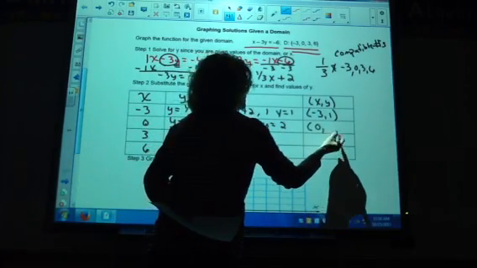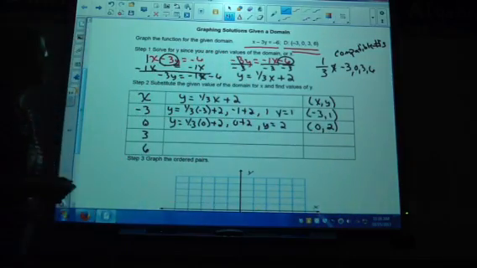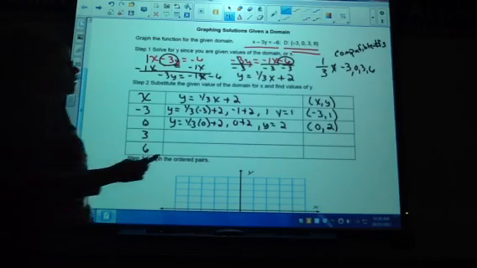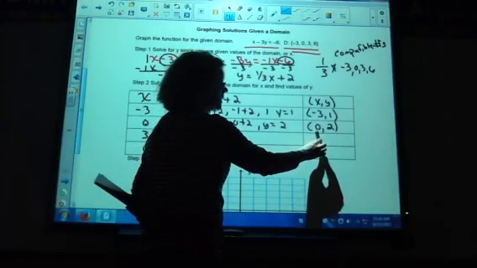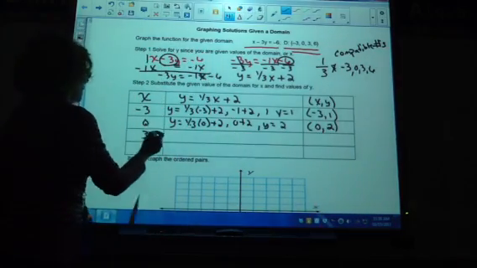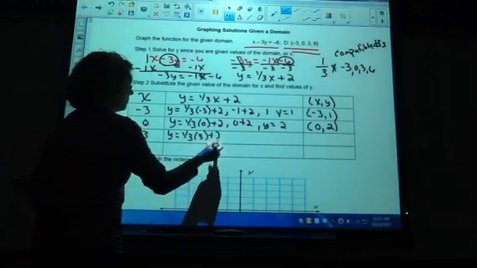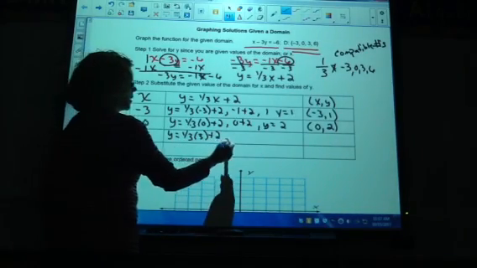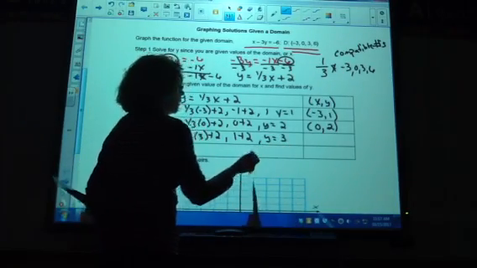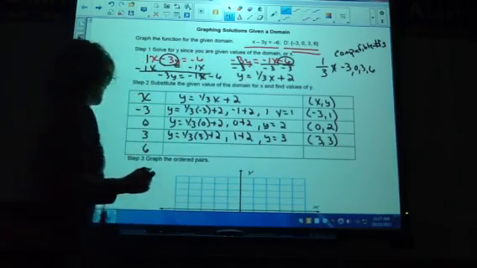So when we input 0 for x, our output y is 2. All right, now we're going to input 3. 1/3 times 3 is 1. 1 plus 2 is 3. So our x is 3 and our y is 3.